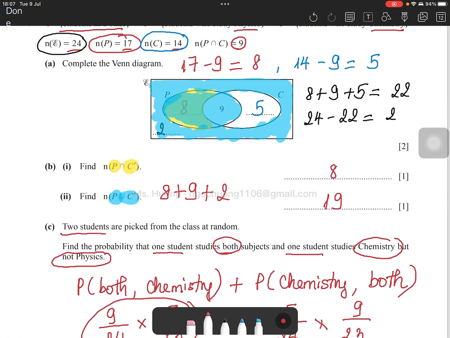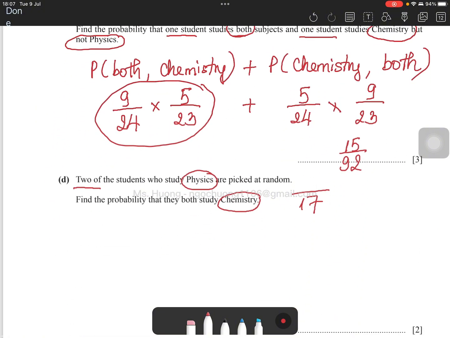The number of students who study physics is 17 and only 9 of them study both. So the probability of the first student is 9 out of 17. And the probability of the second student is 8 over 16 now. After we pick one student, then we only have 8 left who study both. And the total number of students who study physics is only 16 now. So the answer for this is 9 out of 34.